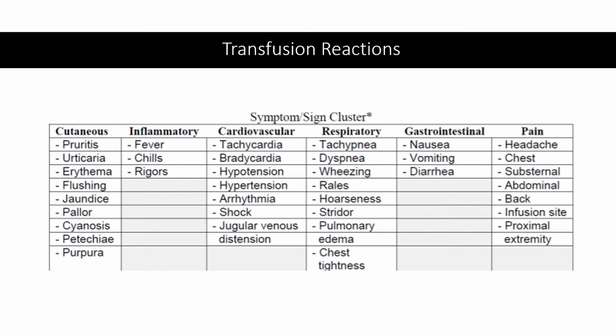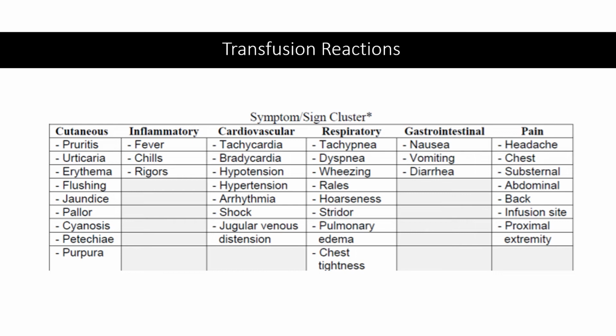In the cardiovascular system, the patient may be tachycardic, bradycardic, hypotensive, or hypertensive, maybe having arrhythmia, shock, or jugular vein distension.